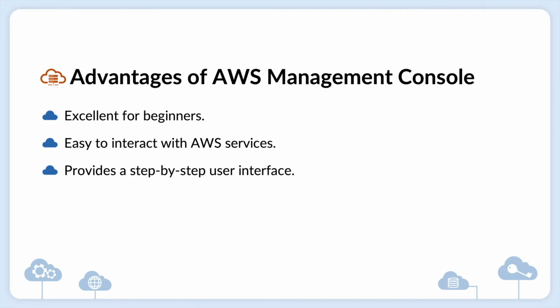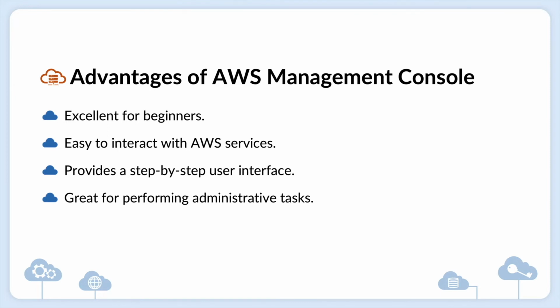For all these reasons, the Management Console is the best choice for performing administrative tasks as a beginner. Now, why only for beginners? Well, that's because some operations in the AWS console are manual and take time. Hence, it's not possible to automate everything through the management console. And that's why we use a command line interface or CLI.